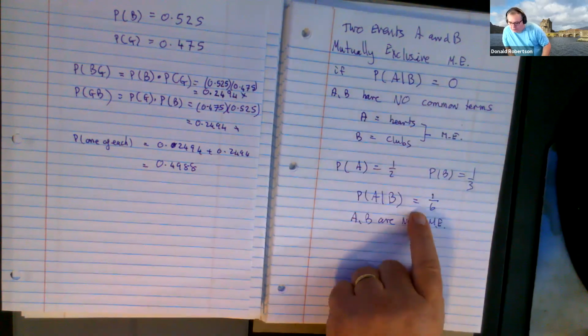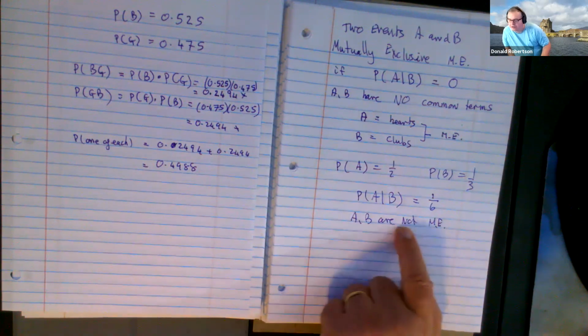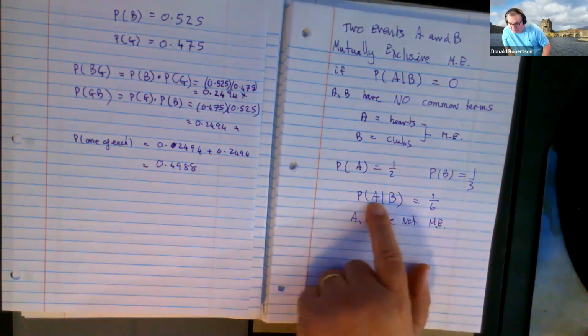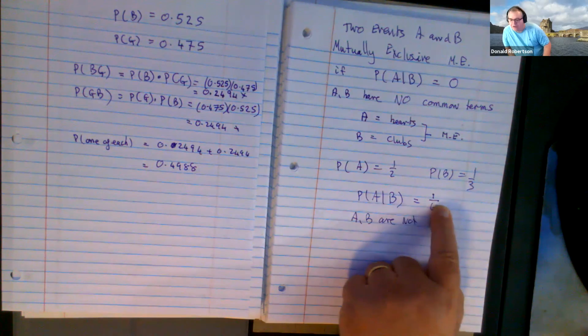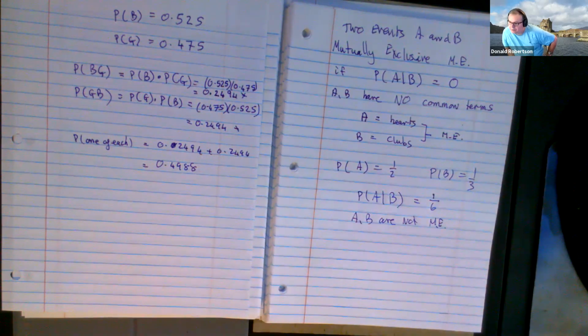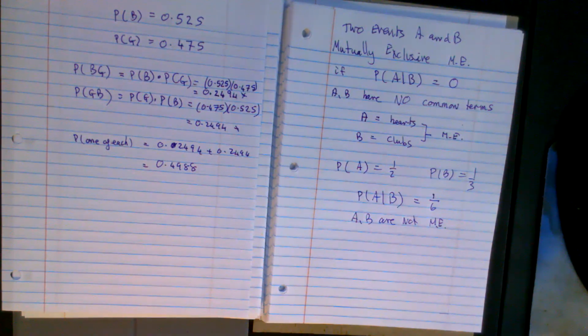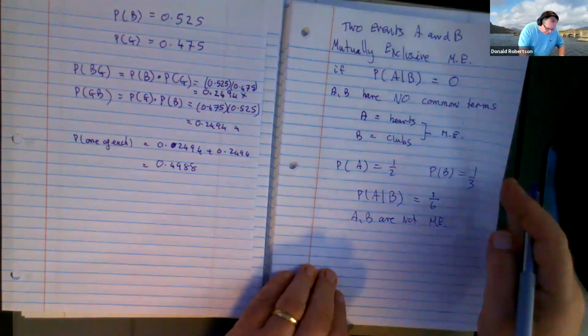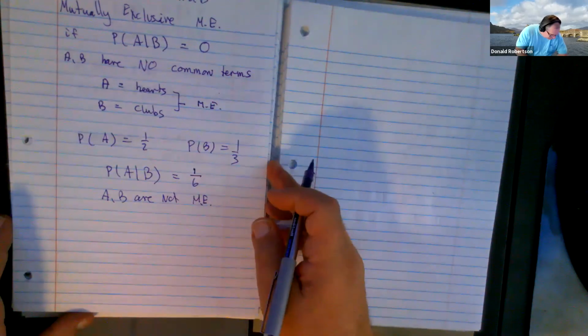But if you're not equal to 0, you're not mutually exclusive. So if you give me this fraction, I can tell you that they're not mutually exclusive. Does that help? Yes.